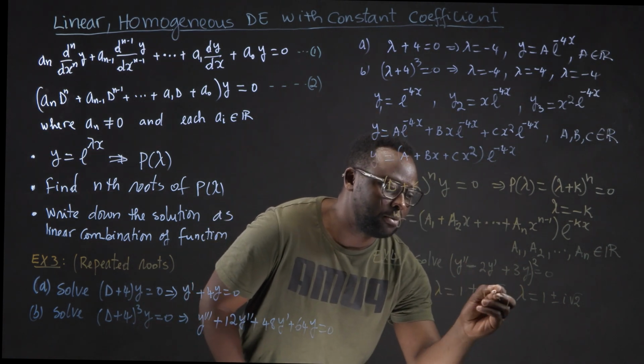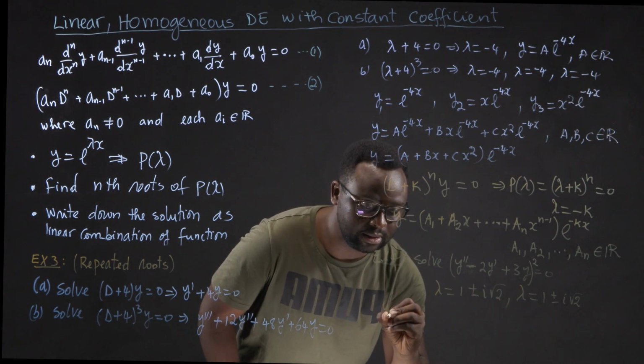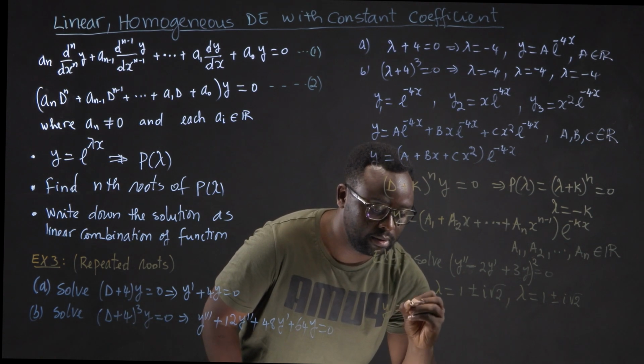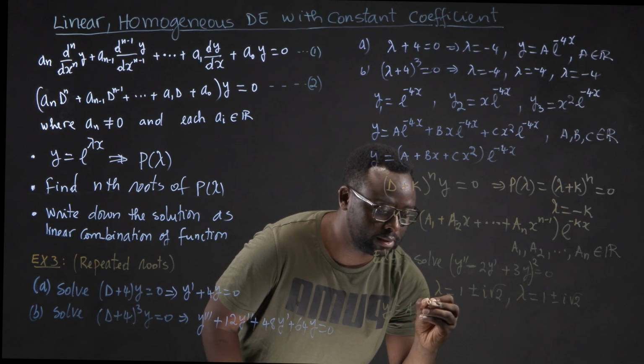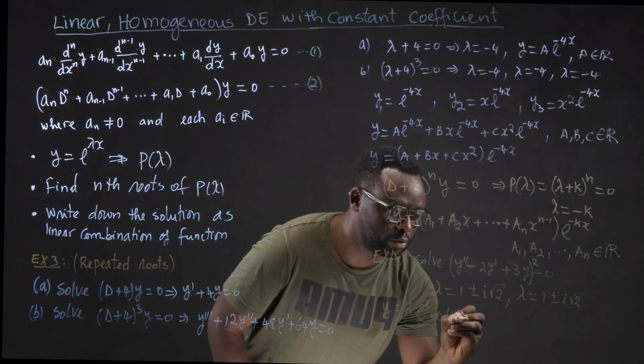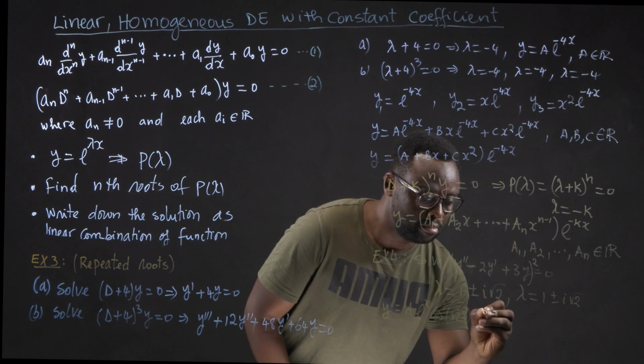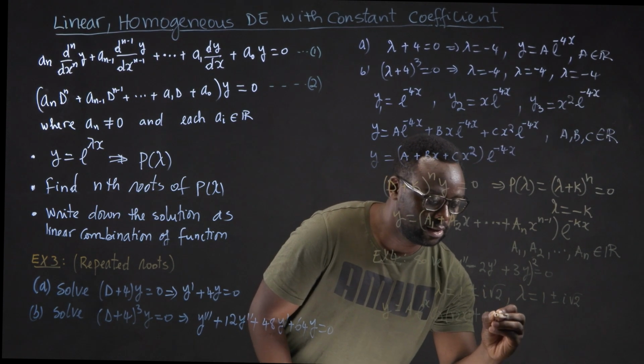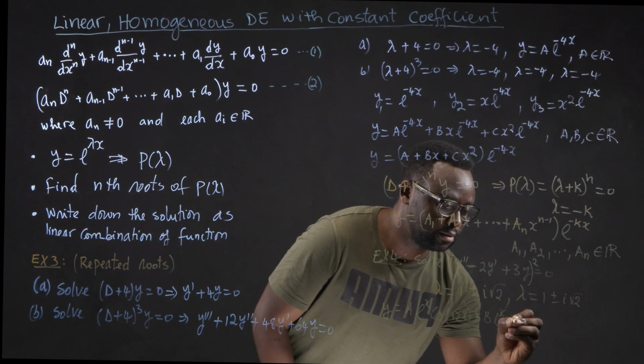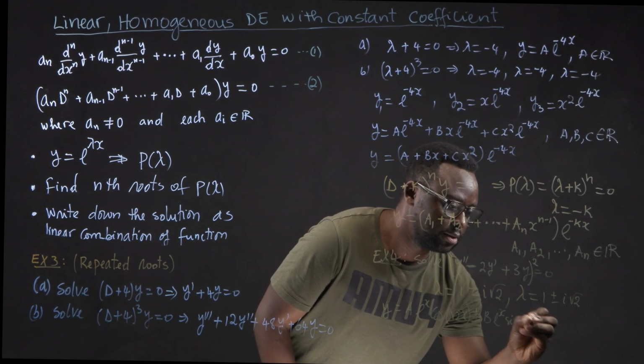Remember, if we only have one solution, we have something like this: y equal a times e to the power x cos square root of 2x plus b times e to the power x sine square root of 2x.